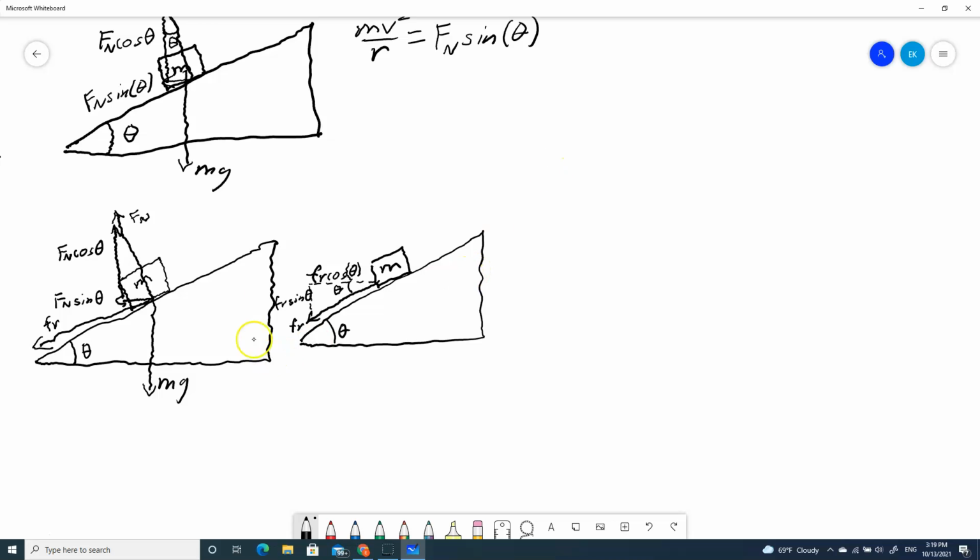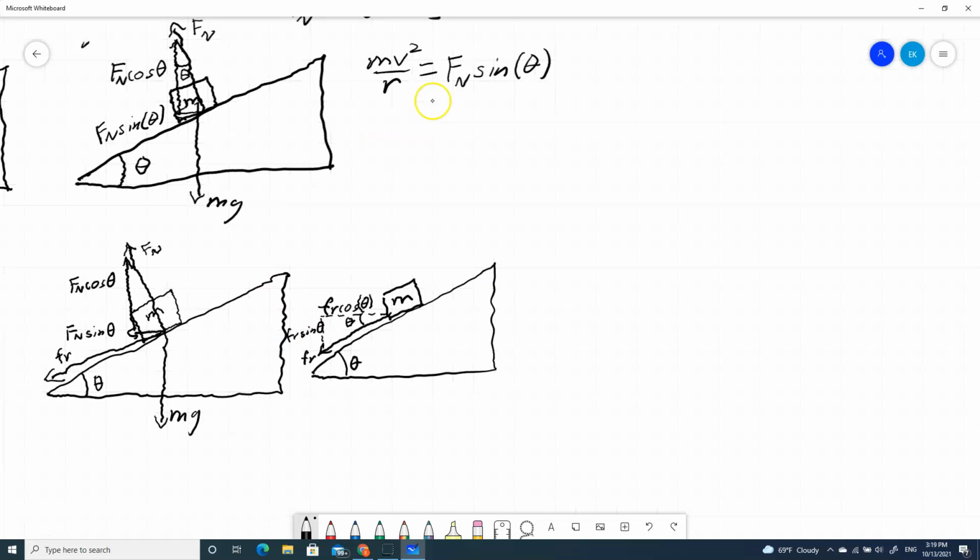Remember, when the object's moving too fast, F_n sine theta is not enough to generate this mv squared over r. The mv squared over r is going to be greater than F_n sine theta, and the centripetal force will not be able to resist the object's horizontal inertial tendency.